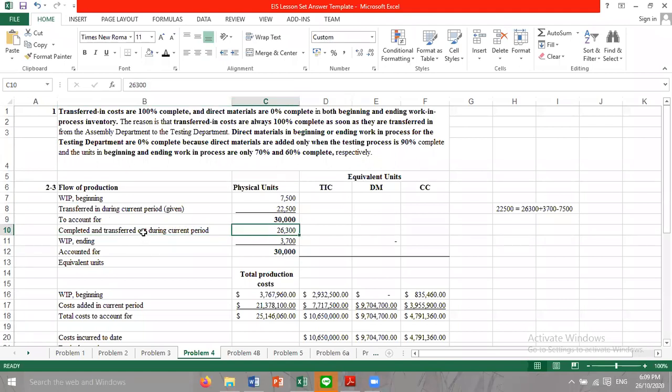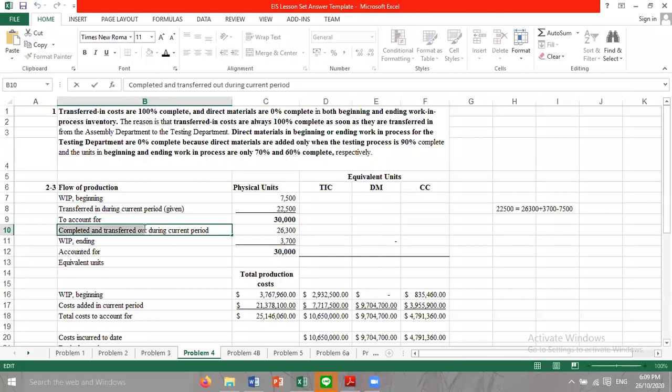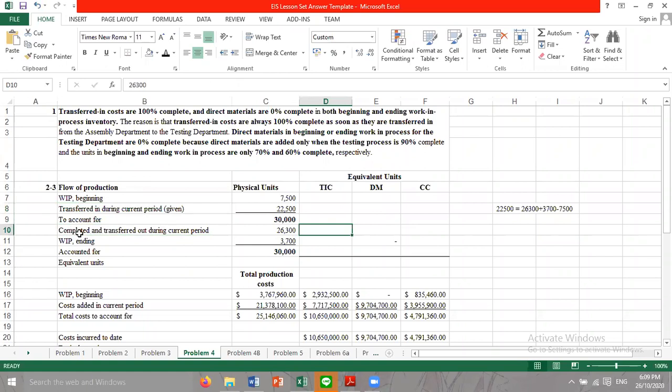In this case, since it is completed and transferred out, and we are using weighted average, it is already 100% complete, right? That means all of the work done is 100% complete. So all we need to do is simply physical units times 100%.